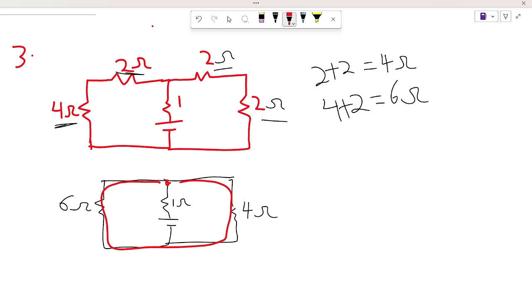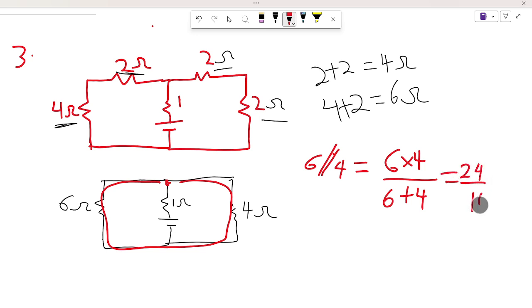So we have our 6 ohm resistor in parallel with our 4 ohm resistor. As I said earlier, we multiply them and divide by the addition, if we are considering two resistors in parallel. So we have 6 times 4 all over 6 plus 4, so here we are going to have 24 over 10, and that's equal to 2.4.